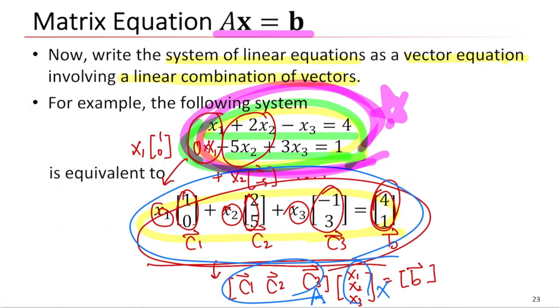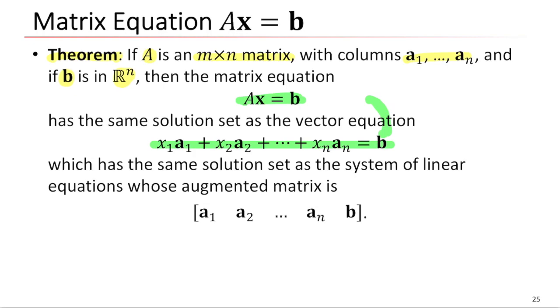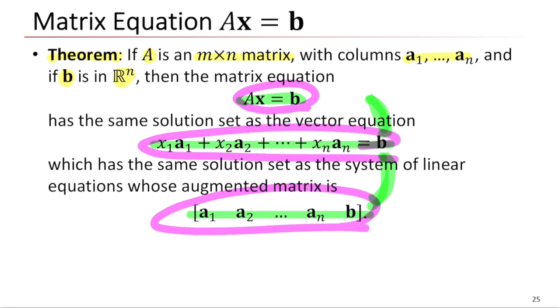From here to here, right? Then it has the same solution as the system of linear equations whose augmented matrix is [a1, a2, ..., an, b], something like this. So this is exactly the same solution as this one. So what I want to say is that this form and this form have the same solution set. Okay.